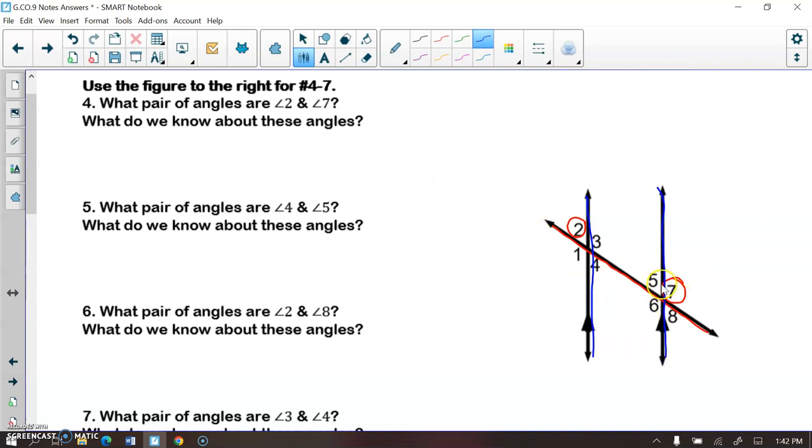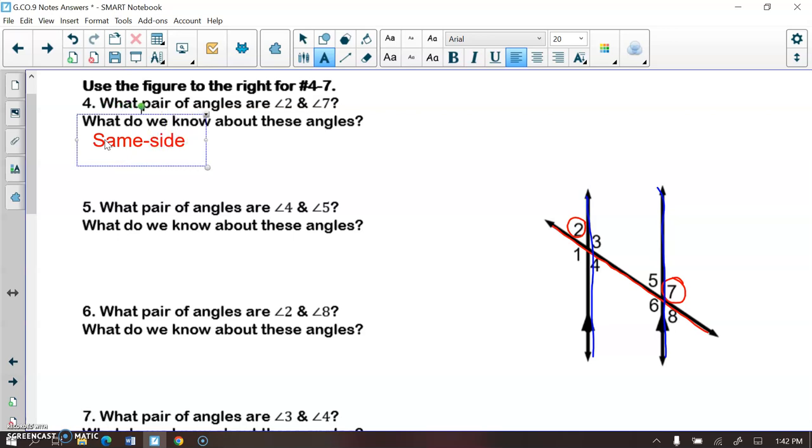They're on the same side of the transversal, and on the outside of those parallel lines, these are alternate exterior angles. Sorry, not alternate, I apologize, same side. They're on the same side of the transversal. And since we're dealing with parallel lines, angle 2 is congruent to angle 7.